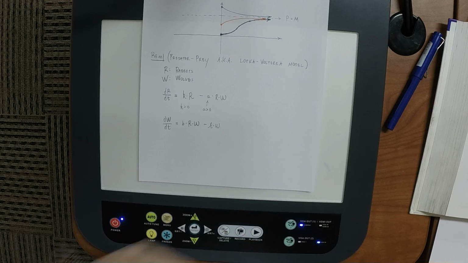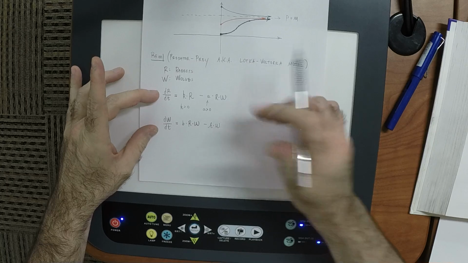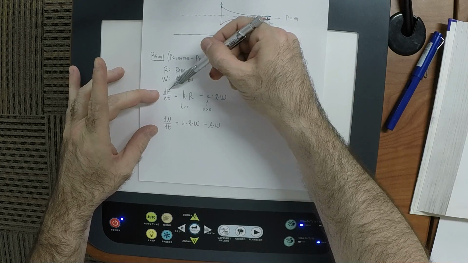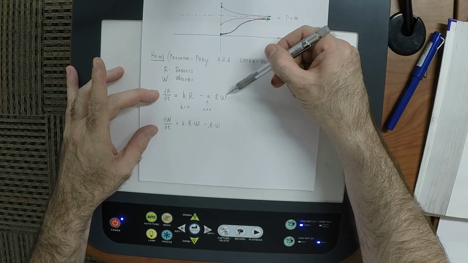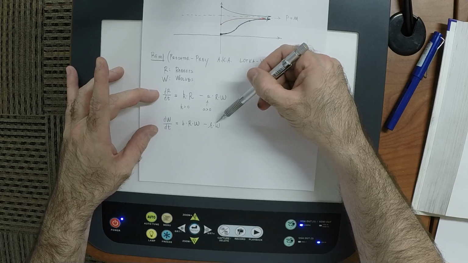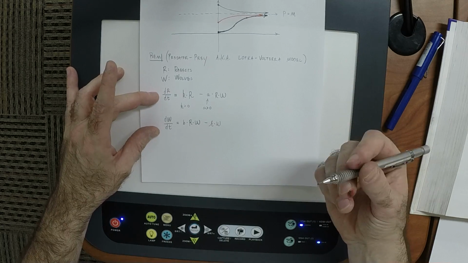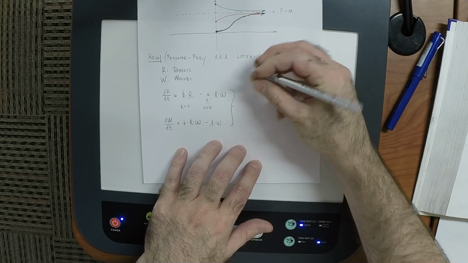Okay. So now we have two differential equations. And notice that the solution to this differential equation should be r of t, some function r of t, and the solution to that one should be a different function, w of t. So really, this is actually a system of differential equations.